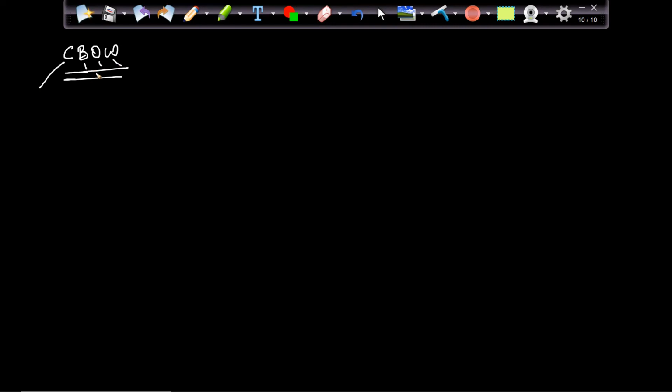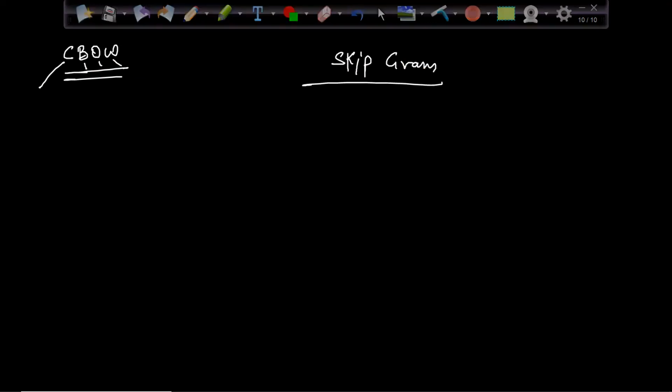The second technique is skipgram. So here we'll try to understand what's actually the idea behind this entire concept.